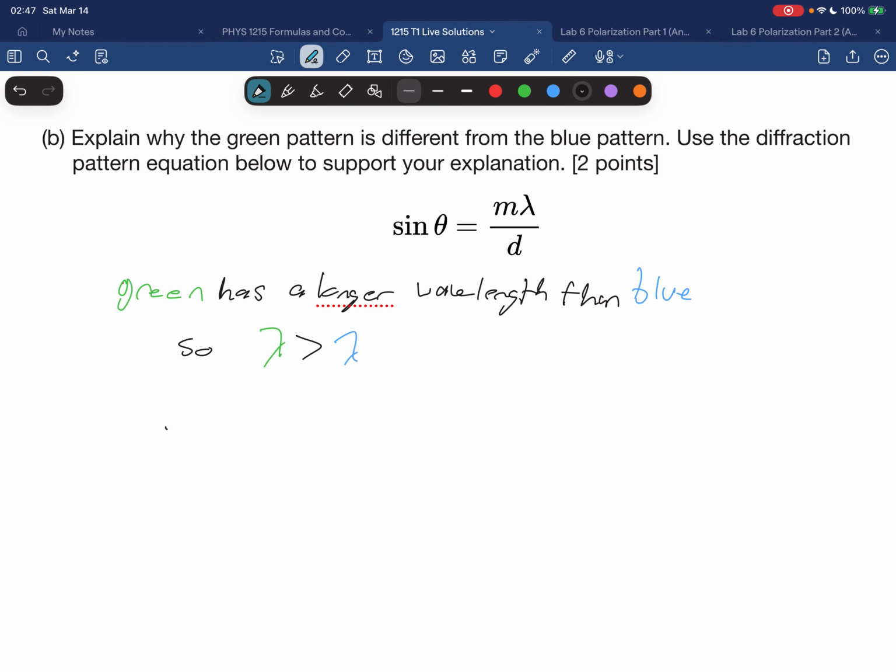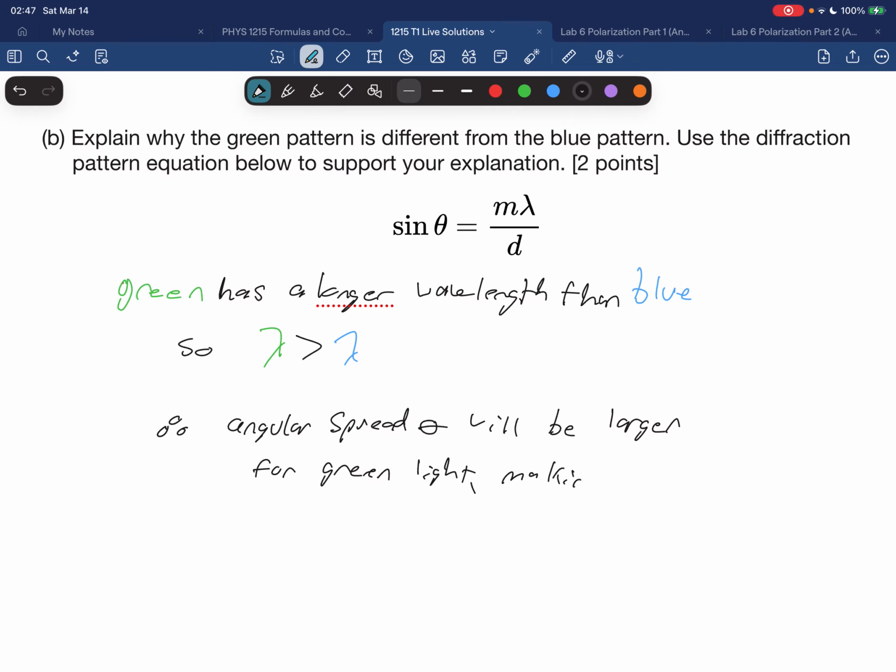Therefore, angular spread theta will be larger for green light, making the pattern more spread out. And there we go.